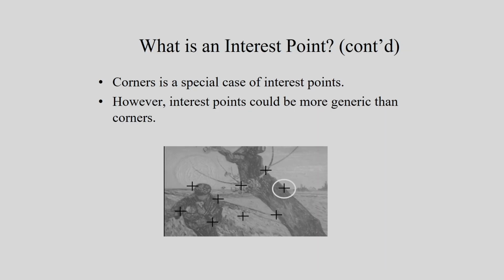The corner is a special case of an interest point. However, interest points could be more generic than corner points. One important property of an interest point is that it should be invariant to affine transformations, like rotation, scaling and translation, and also it should be robust to photometric variations.